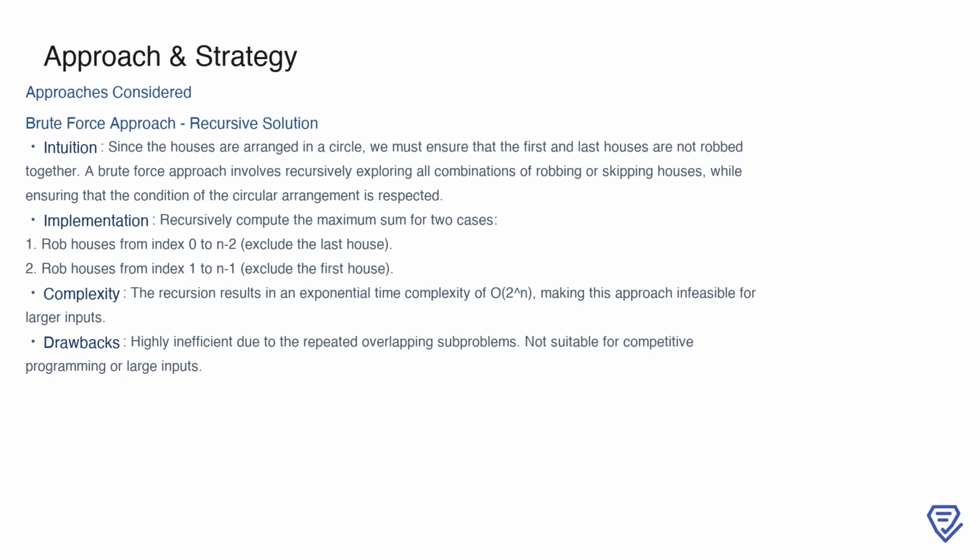Specifically, we evaluate 2 cases: robbing houses from index 0 to n-2, which excludes the last house, and robbing houses from index 1 to n-1, which excludes the first house. However, this approach is highly inefficient because the recursion results in an exponential time complexity of O(2^n). The repeated calculations for overlapping subproblems make this method impractical for larger inputs, as it quickly becomes too slow to handle competitive programming scenarios or real-world applications effectively.